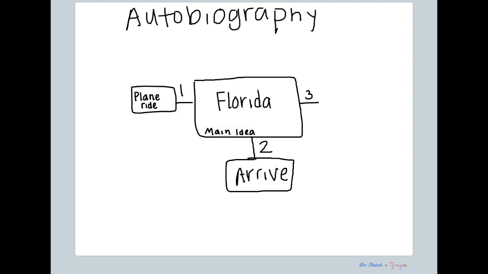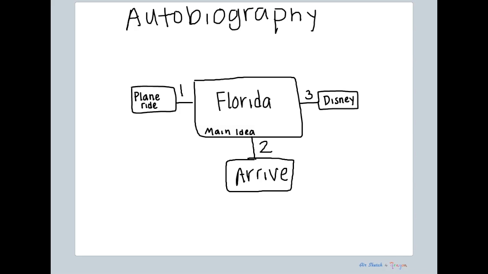The third thing that I'm going to talk about is the fun thing that I thought was the best down in Florida, and I'm going to talk about Disney. And then again, you put your box around it once you are done.